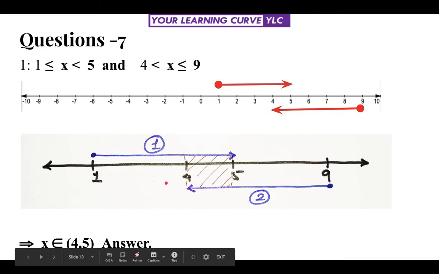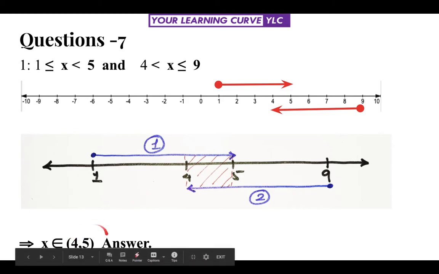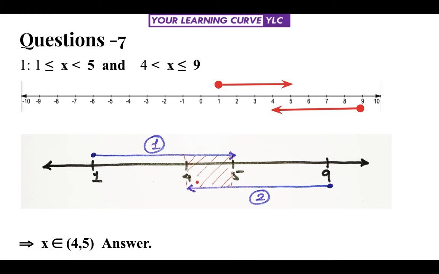You first write down the interval 4 to 5. Now we will decide whether the endpoints, that is 4 or 5, are to be included or excluded, which bracket to be used. Here you see 4 is part of the first inequality, but the second inequality is not reaching 4, it is approaching 4, meaning 4 does not satisfy the second inequality. So 4 cannot be part of our answer because we need answers which satisfy both the inequalities.